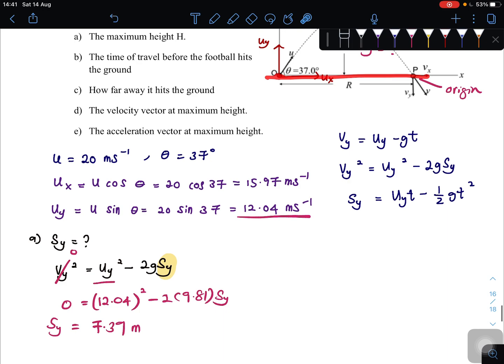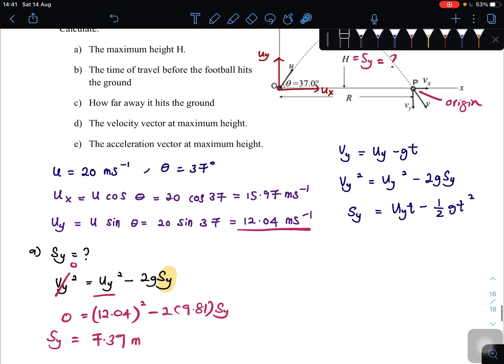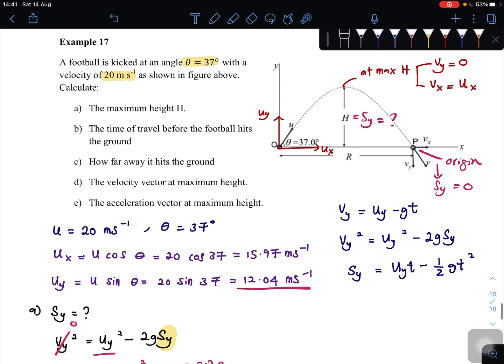So if it's the same level, you need to remember that the y displacement, maksudnya displacement at y component, sy. Sy, kalau dia sudah sampai dekat sini, sy akan jadi sama dengan kosong. Sebab kenapa?